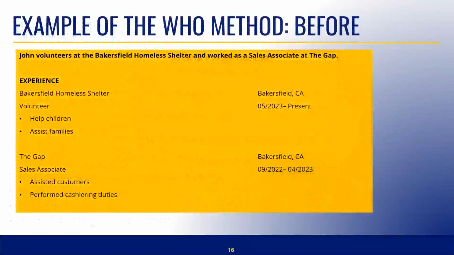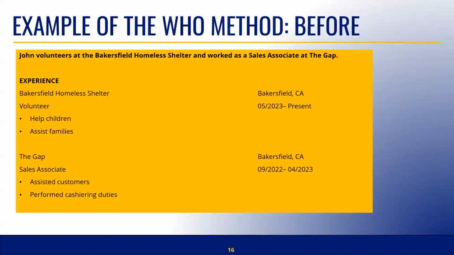I want to go ahead and share some examples of the WHO method. In this scenario, John is volunteering at the Bakersfield Homeless Shelter and has also worked as a sales associate at the Gap. For the Bakersfield Homeless Shelter volunteer opportunity, John only listed that he helped children and assist families. When John was a sales associate at the Gap, John only listed that he assisted customers and performed cashiering duties.